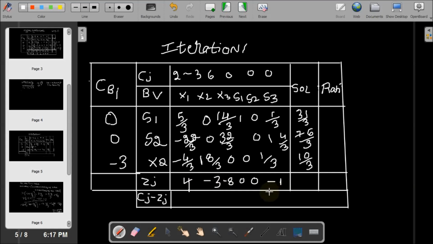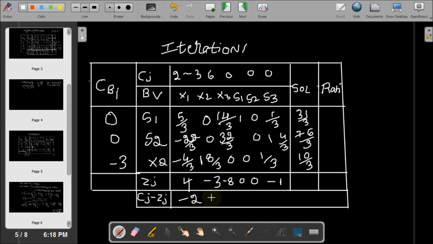Getting, guys? 0, 0, minus 1. Now what is the value of cj minus zj here? 2 minus 4, obviously minus 2. Right?